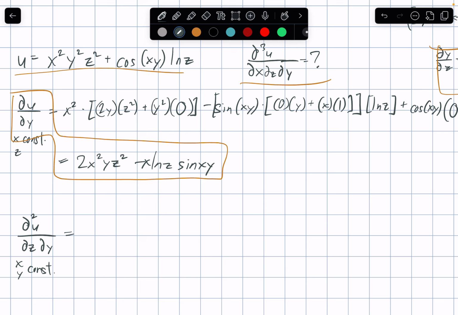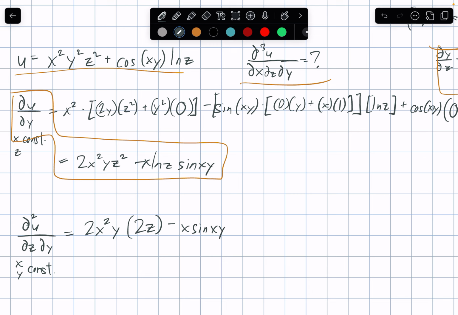So yeah, moving on. Now that we know that x and y are constants, okay. So 2x squared y, and then the derivative of z squared is going to be 2z, minus, set aside all of the constants, so x sine xy.